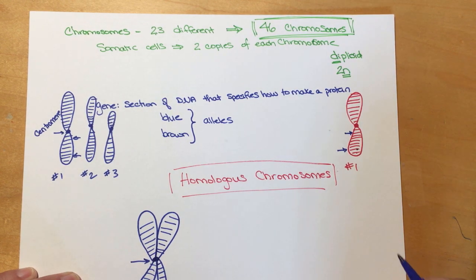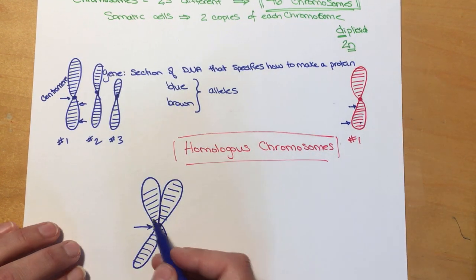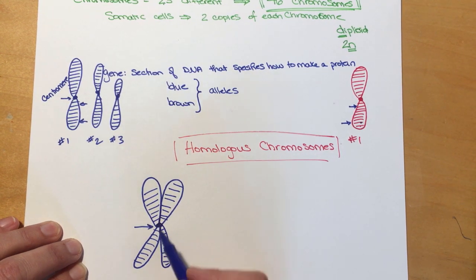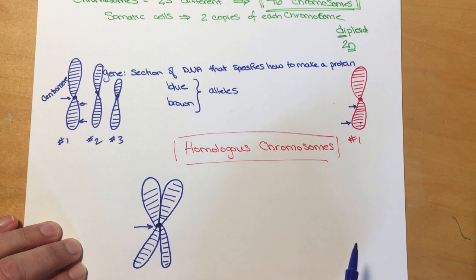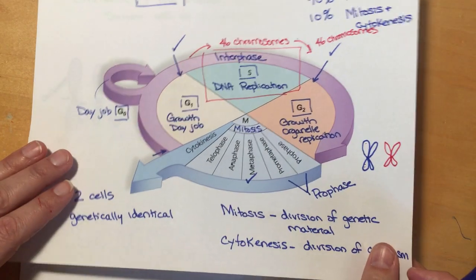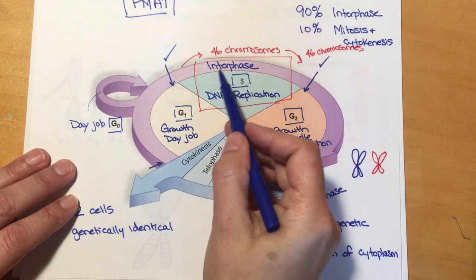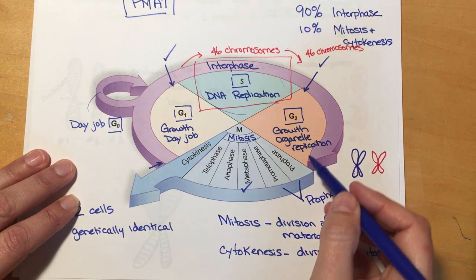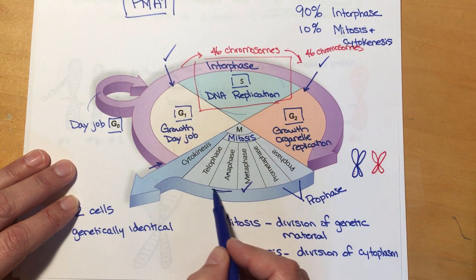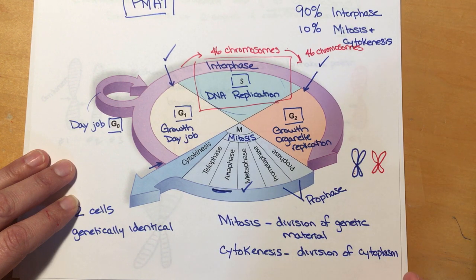And when we count how many chromosomes we have, we actually count how many centromeres we have. So even though we have doubled the amount of DNA, we haven't doubled the number of centromeres because the DNA is still stuck together. Remember, we're not going to separate this out for quite some time. We're duplicating here, and we're not going to really separate out the DNA until we get to anaphase of mitosis.